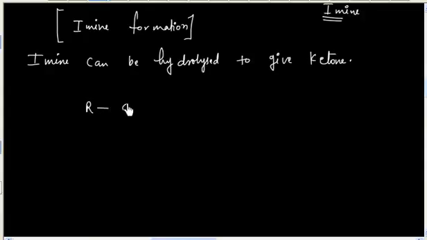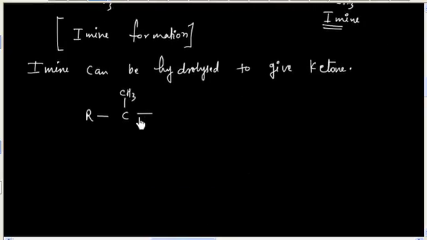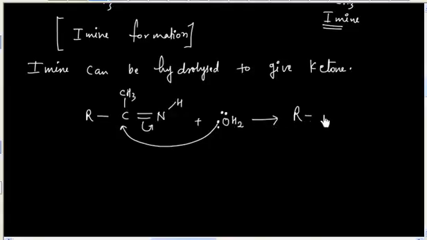So we have imine, NH, and this time water will act as a nucleophile. We will open this bond, OH2 plus, and then we will have intramolecular proton exchange, that is this H plus will go to the nitrogen.